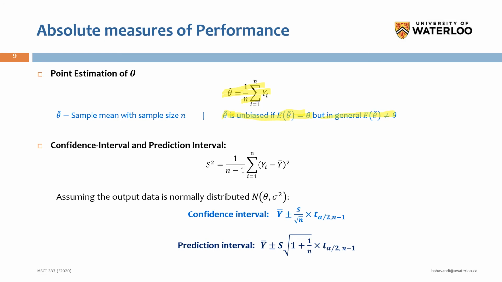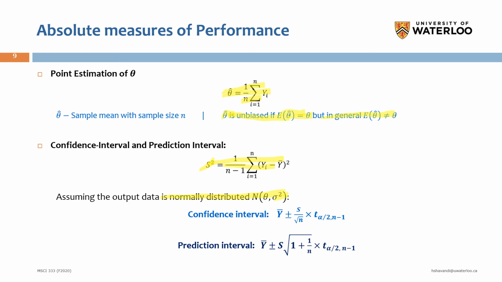In order to have the confidence interval, at first we need to calculate the sample variance. It will be calculated by this equation. And then we assume that the output data is normally distributed with mean theta and a variance.